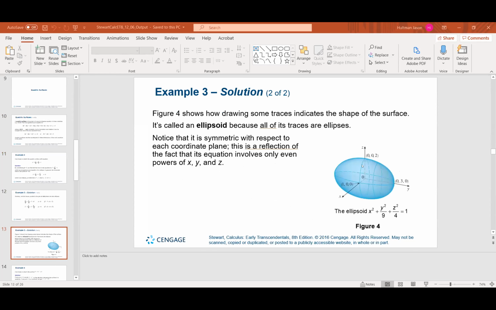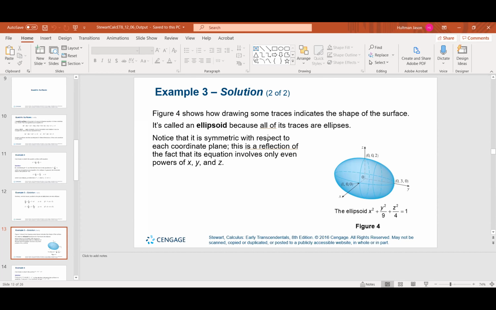Okay, but here's the idea. Eventually, we're going to get here. This is called an ellipsoid, because all of the traces are ellipses. These are the traces, the slices. Think of them as slices, right? These are slices parallel to the X, Y, and Z planes.